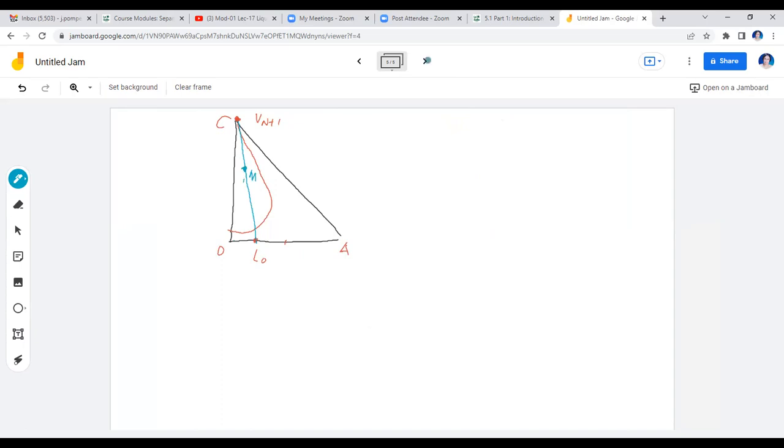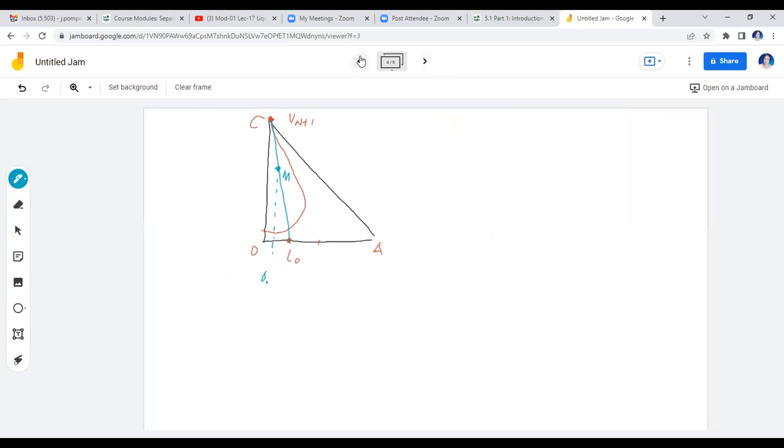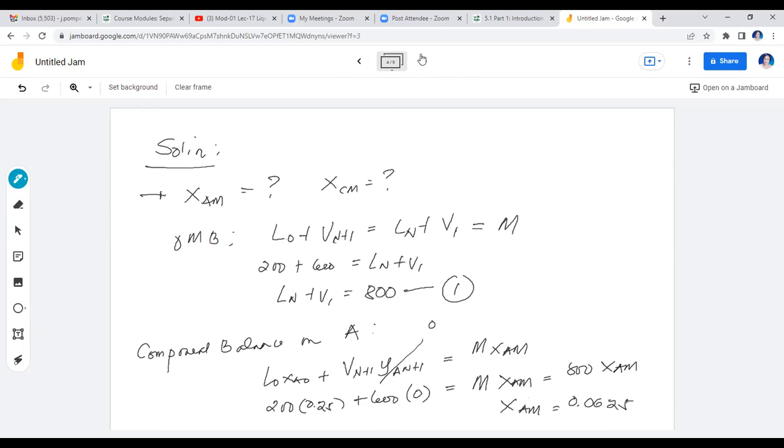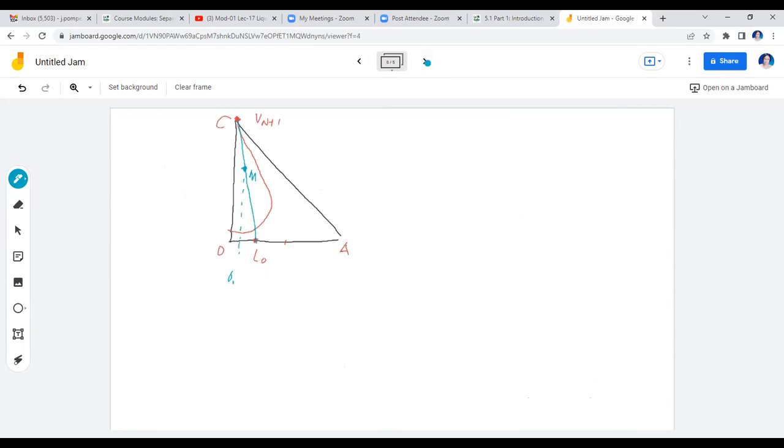Again, how did we get it? The X sub A, M should be the one that we have computed, 0.0625. Okay? On the horizontal axis for the A, you locate the 0.0625 value which you computed, you project it up on the line connecting L sub O and V sub n plus 1.